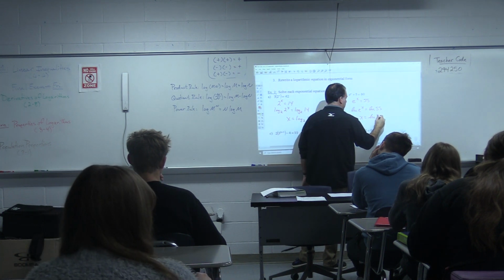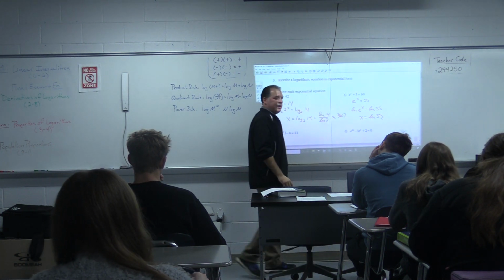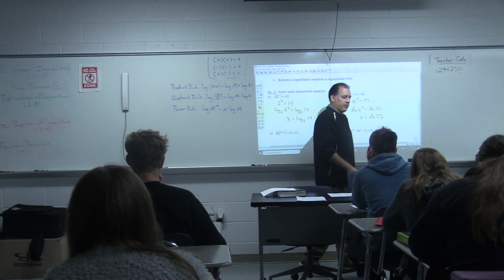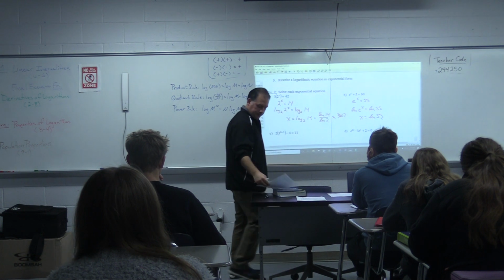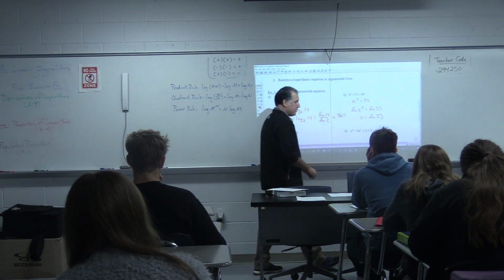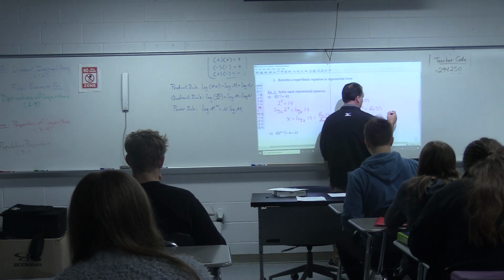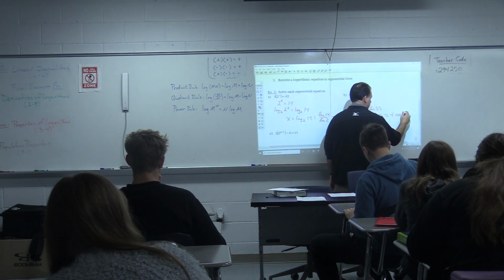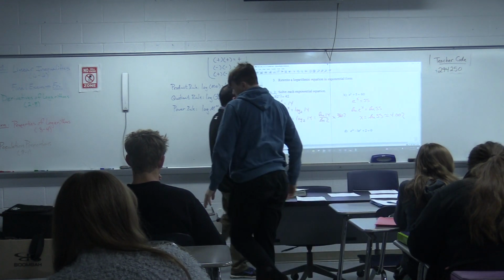And for this one, we don't have to do any change of base because we have the natural log button. So just natural log of 55, which should be 4.007. Do we feel okay with that?